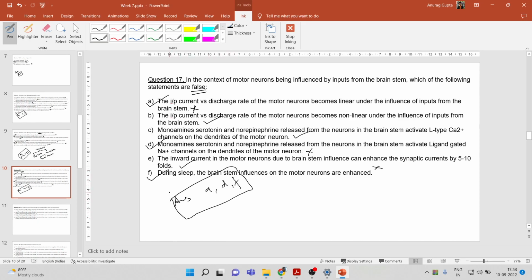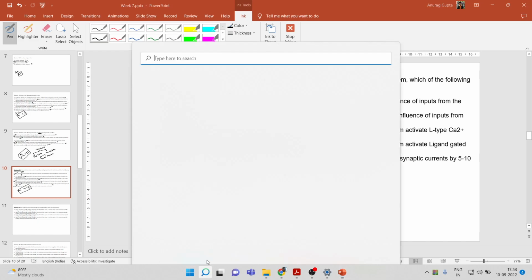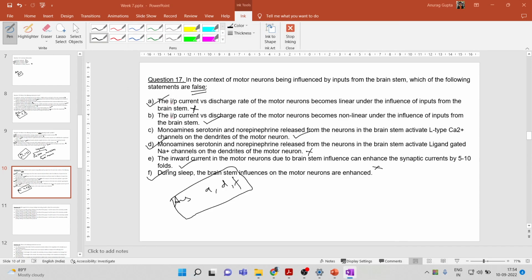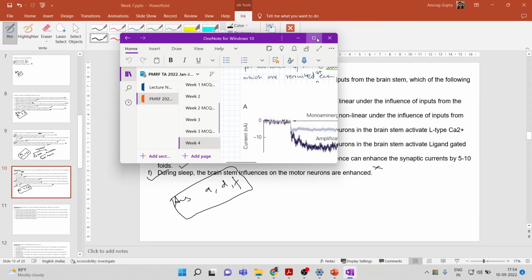Now let me just open up one of my notes, and I'll just show you a diagram which might give a better explanation of what is happening here. So you can find the diagram in Candle and Shorts. Let me just bring this here.